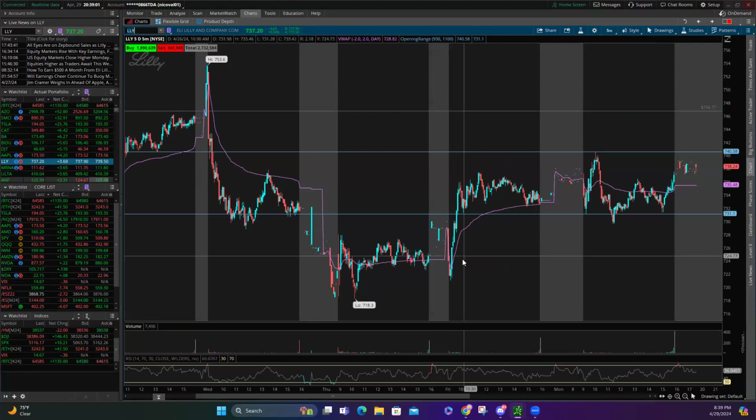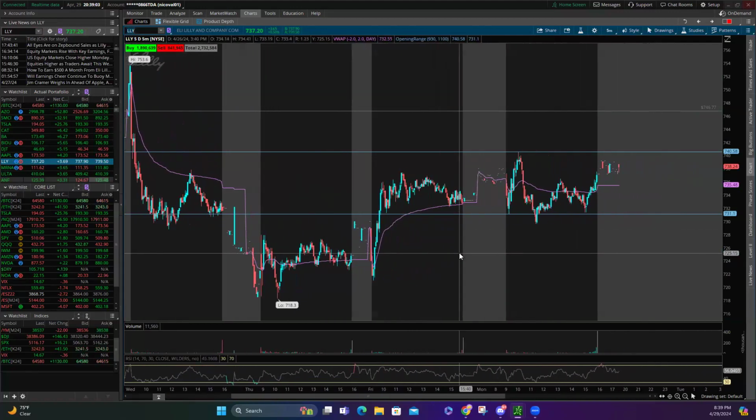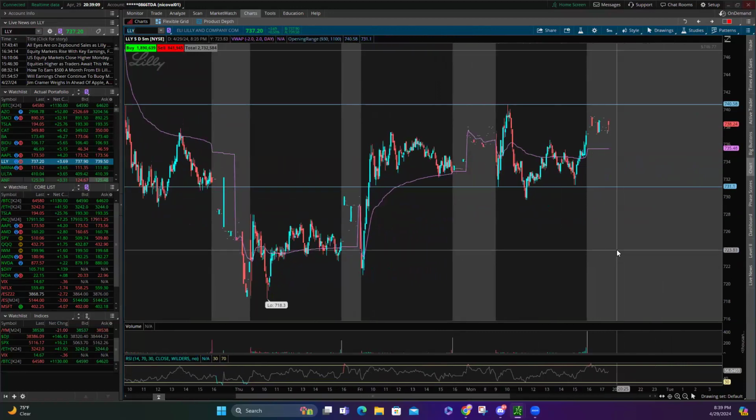It has earnings tomorrow, and with the new pharmacy medicament that they have, people are expecting this thing is going to go up. So a close today above VWAP might be a good sign that it's going to do great.